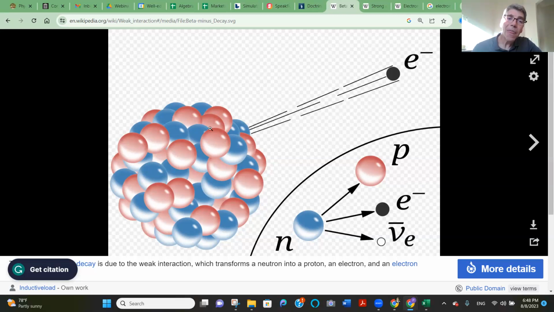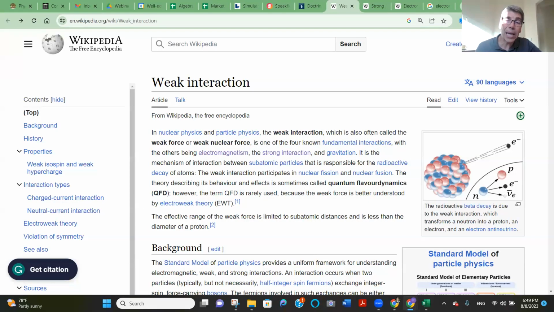Okay. The weak nuclear force is in charge of governing when these things happen. And these things happen on radioactive materials. Any isotope that is unstable, the weak nuclear force is going to basically transform it into another element. Okay? So that is really how nuclear reactions happen.